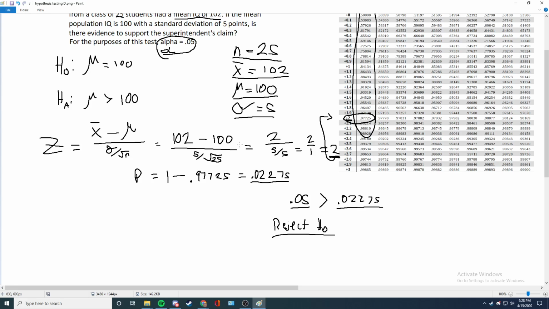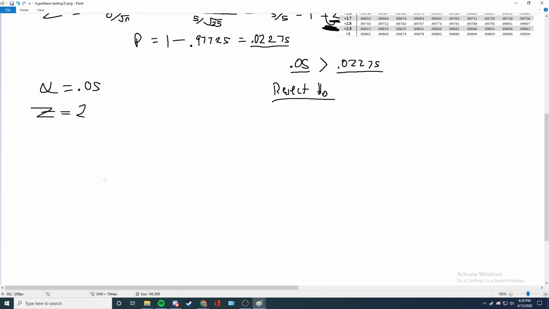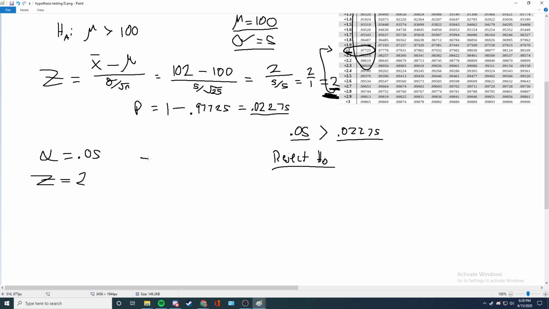Now I'll show you the other method, starting from when we got the z-value of 2. So our sample z is 2, and our alpha is 0.05. With the other method, we're going to find the z alpha, which is the z-value that corresponds to the alpha that they gave us. First we need to figure out how much area is behind that z alpha.